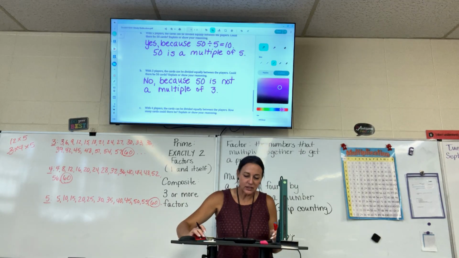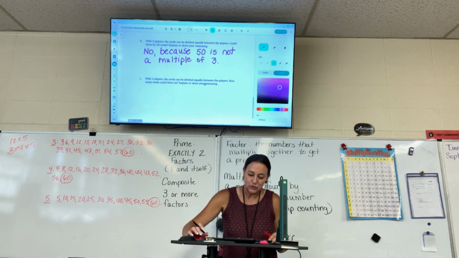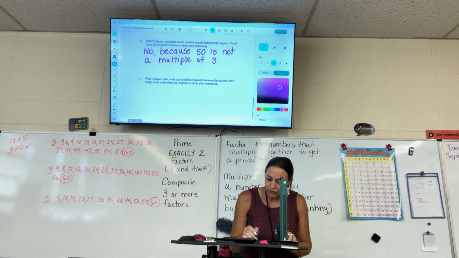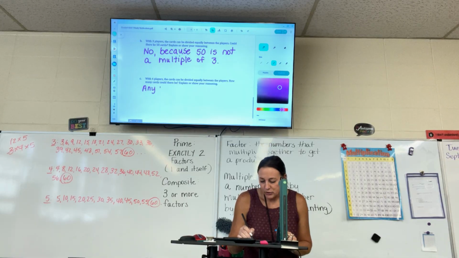So, here's what we're going to write down. With 4 players, the cards can be divided equally between the players. How many cards could there be? Here's what we're going to write down first.